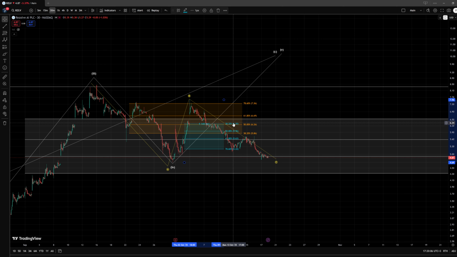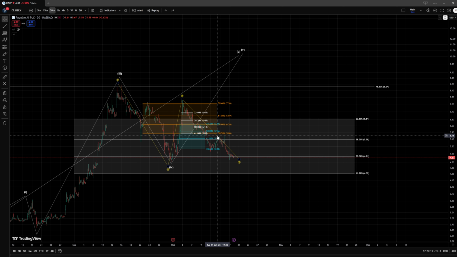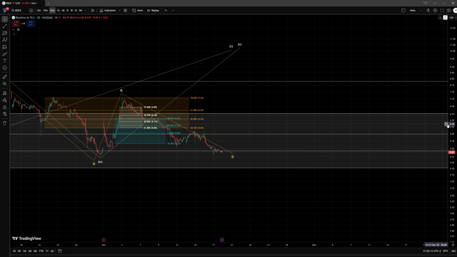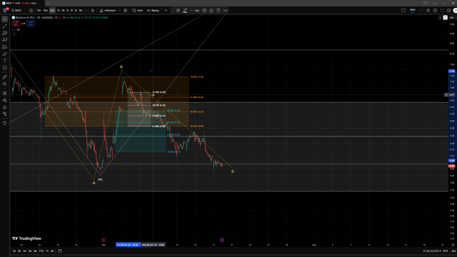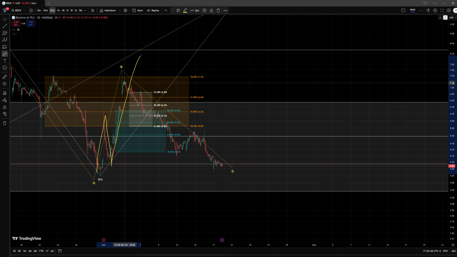And we can remove now these irrelevant support areas that honestly they did provide support, both of them in many of the cases. If we actually check, even here in the white scenario, this level, even the second one, even the third one, even the fourth one, all of the levels were relevant in providing support, but none of them managed to allow for this pattern to the upside to develop in something like 1, 2, 3, 4, 5, or even something like an ABC pattern to the upside.